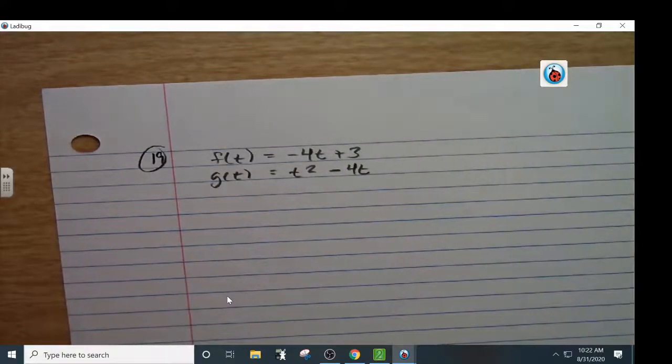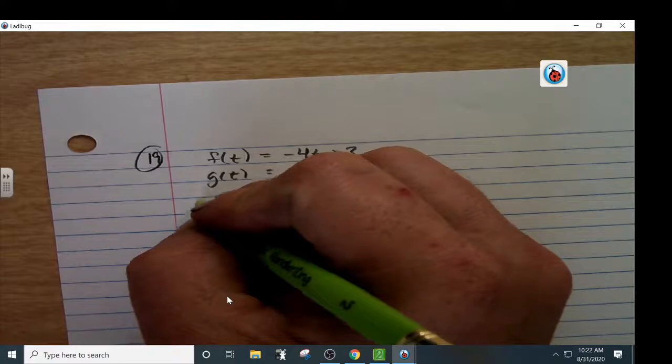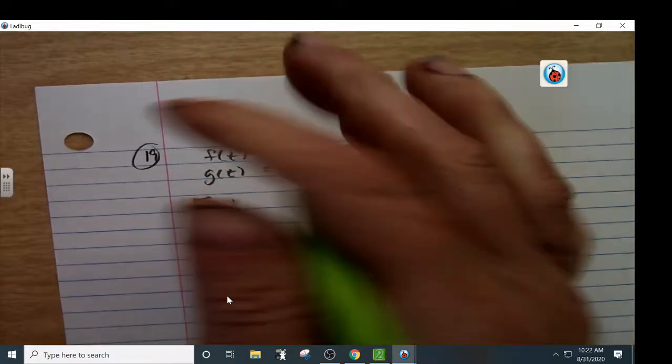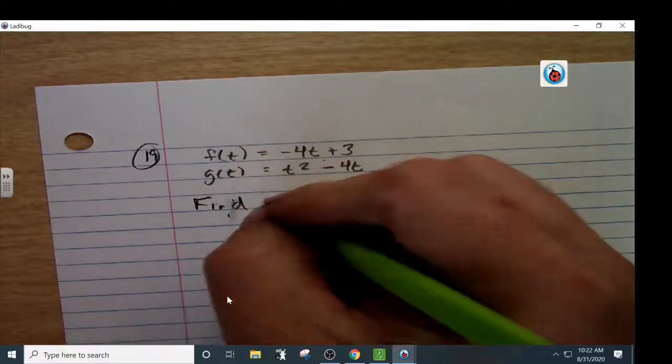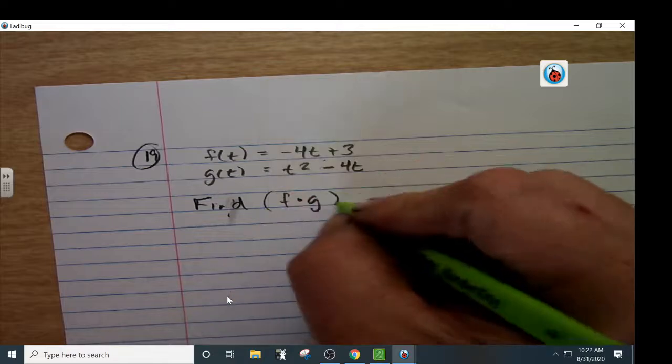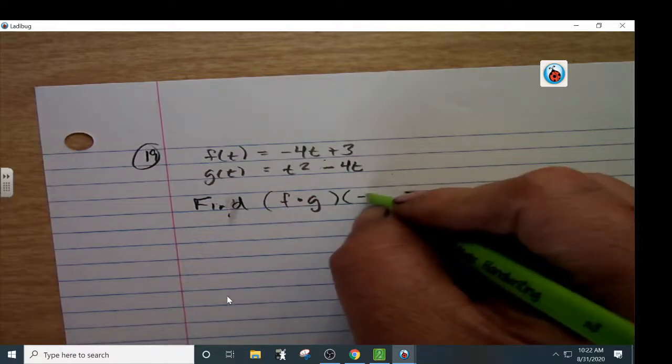Okay? And the rule says you have to find f times g, and then once you find that, you're going to plug in a negative 1.